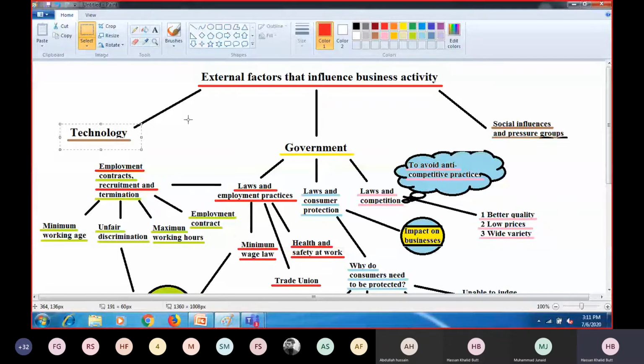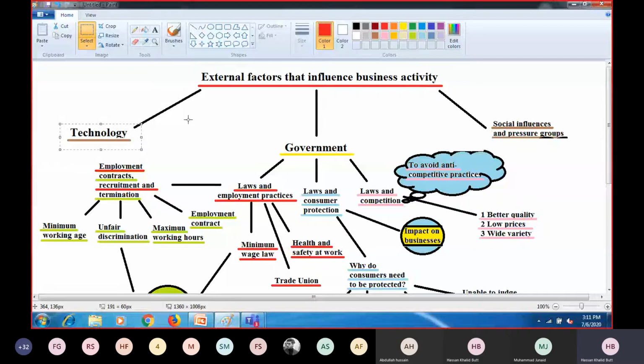That is why it is an external factor. At the maximum, you can adopt that technology, or you can decide not to adopt it. Both pros and cons are involved, and whenever you take a decision, you need to address all the positive and negative aspects of it.